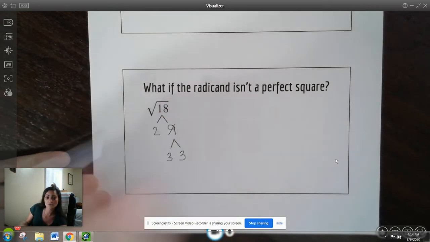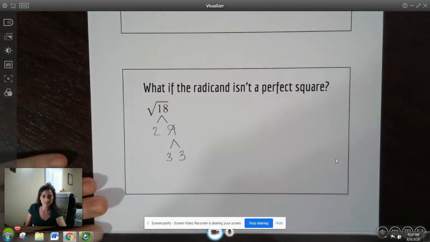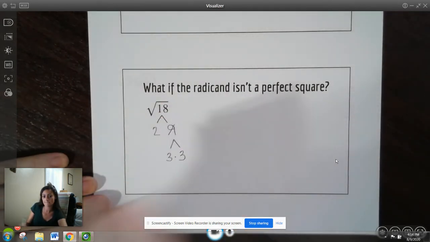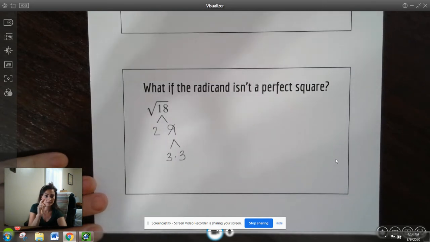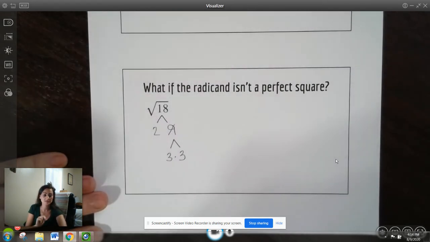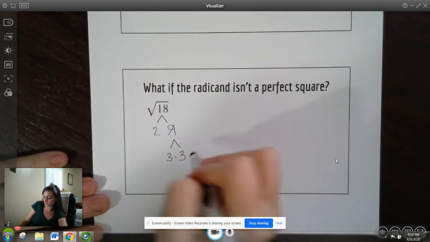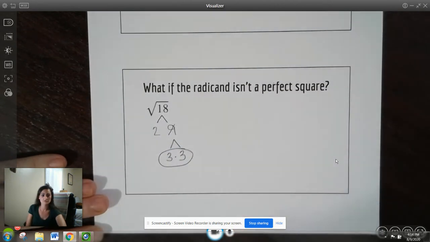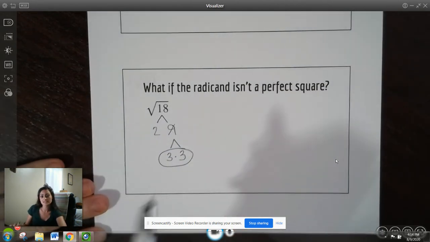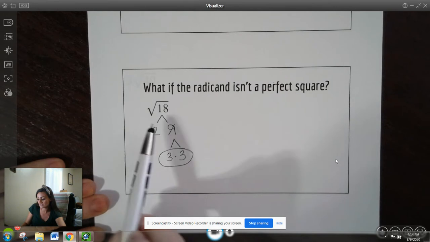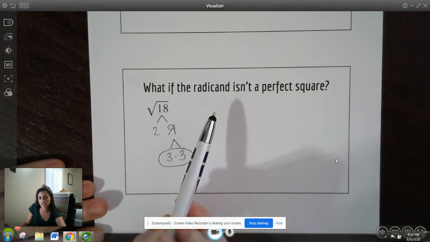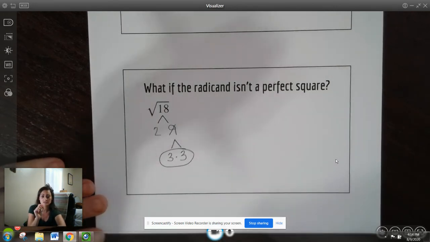Because this is a square root, I am looking at numbers that multiply together that are in a pair. Because it's square, it has to be 2. So, 3 times 3. This tells me that inside of this prime factorization, I have a group of 3's.